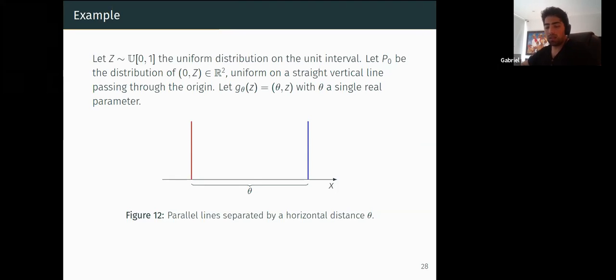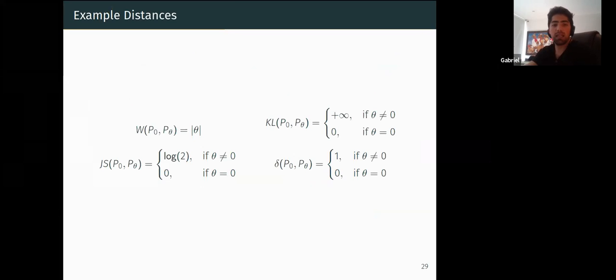In this case, if you toy with those distance metrics for a while, you're going to find that the distances between those two distributions are these.